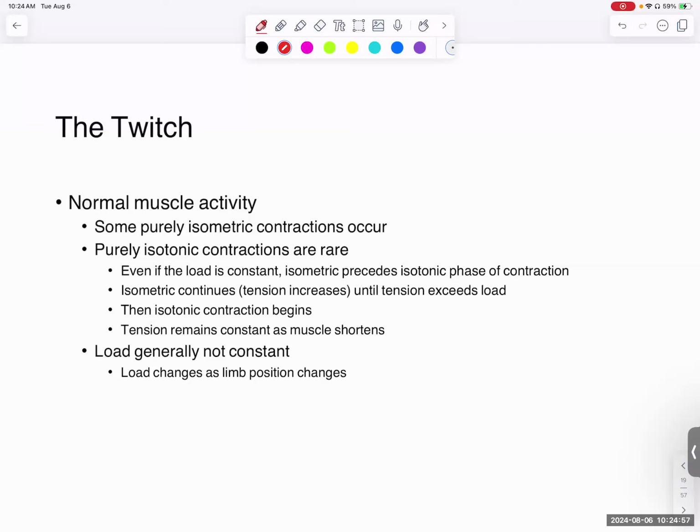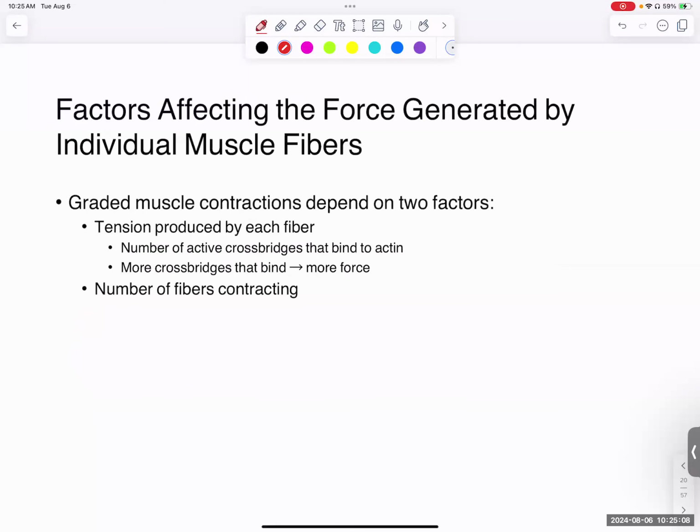And these are all biomechanical things that we're not going to get into. But when it talks about load changes as limb position changes, that's something called torque. That's just a force.